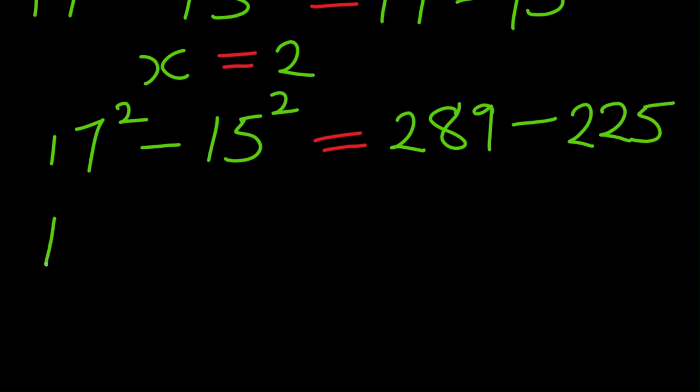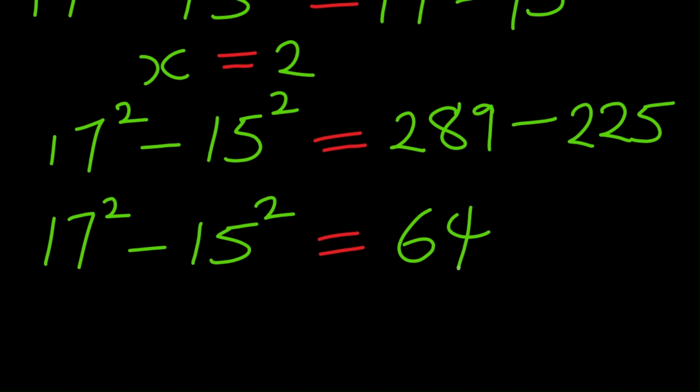Therefore, 17 squared minus 15 squared is equal to 289 minus 225, which will also give us 64. Therefore, the solution x equal to 2 satisfies this equation.